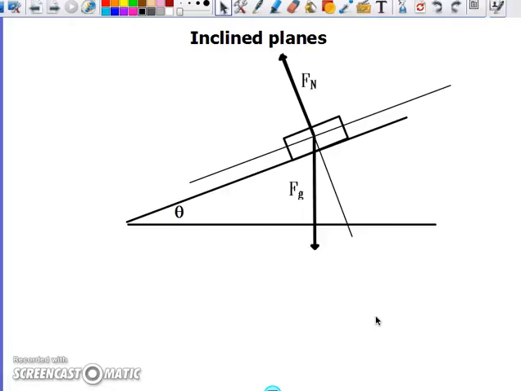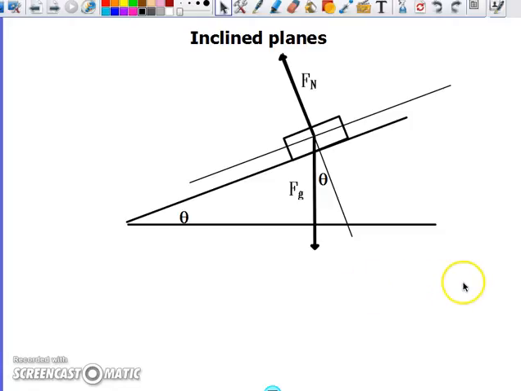So now the normal force lies along the y-axis and the weight still acts straight down. If you noticed, this angle right here is the same angle as the angle of inclination because we rotated the coordinate system the same number of degrees as the angle of inclination. So this angle and this angle are the same.